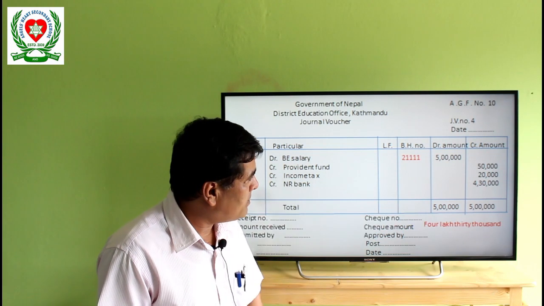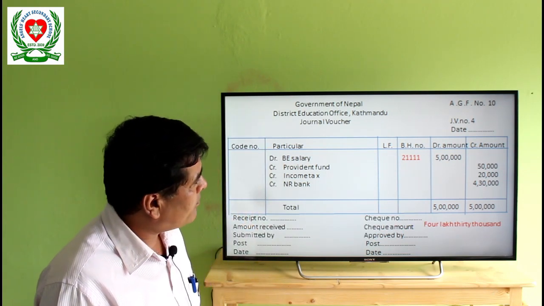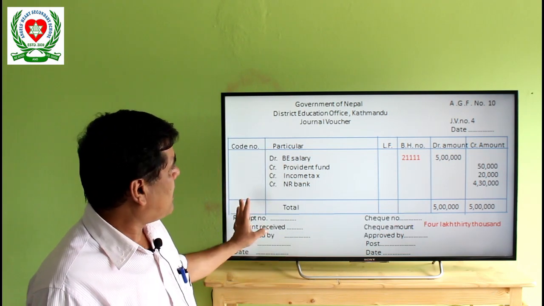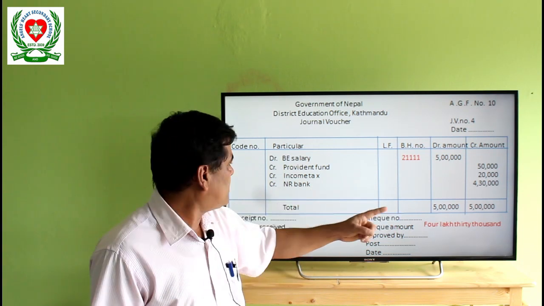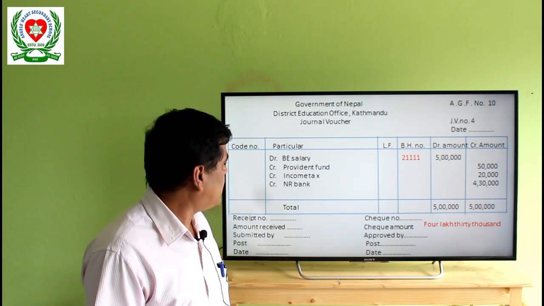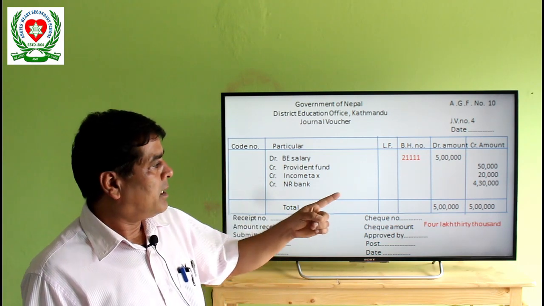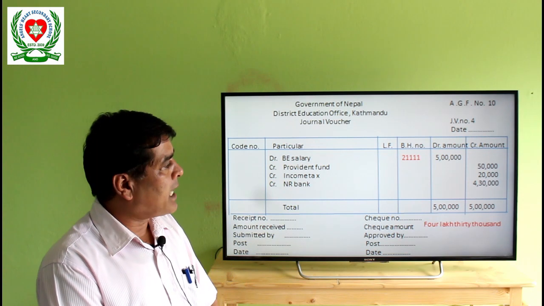The budget head number should be mentioned in the BH number column. Debit amount 5 lakh, and credit amounts: provident fund 50,000, income tax 20,000, and NR Bank 4 lakh 30,000.